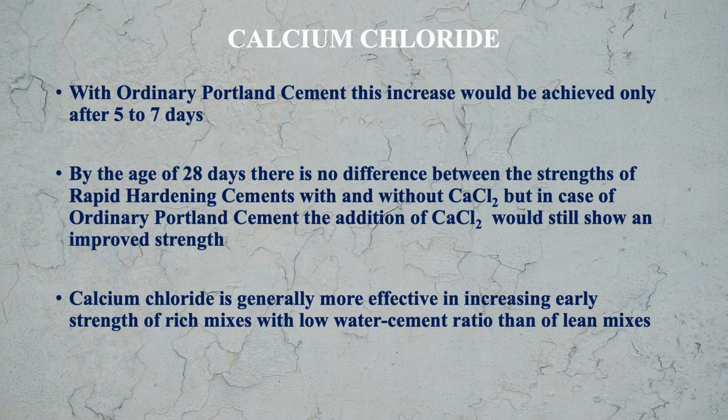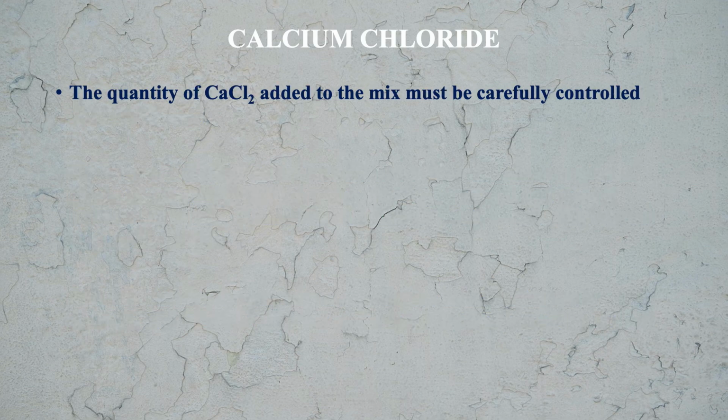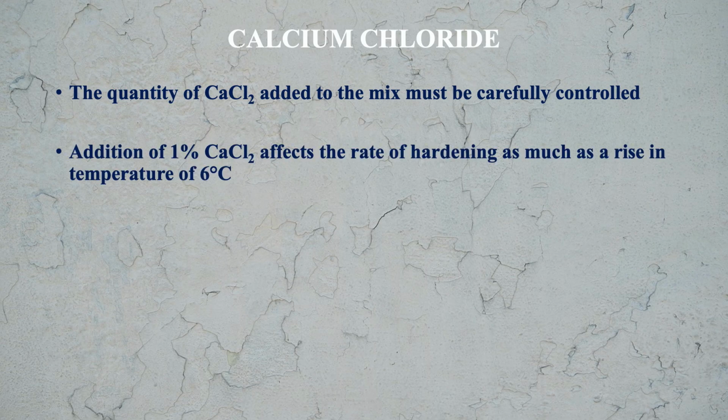Calcium chloride is generally more effective in increasing early strength of rich mixes with low water cement ratio than of lean mixes. The quantity of calcium chloride added to the mix must be carefully controlled. Addition of 1% of calcium chloride affects the rate of hardening as much as a rise in temperature of 6 degrees centigrade.